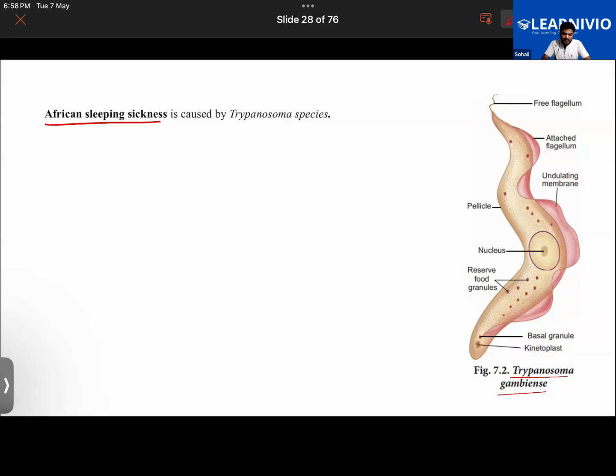So in African sleeping sickness, the person will suffer from severe headache, irritable behavior, weakness, aching in muscles and joints, and will develop rashes on skin also. Sometimes you might have heard of this disease, if you like reading encyclopedia or general knowledge books.